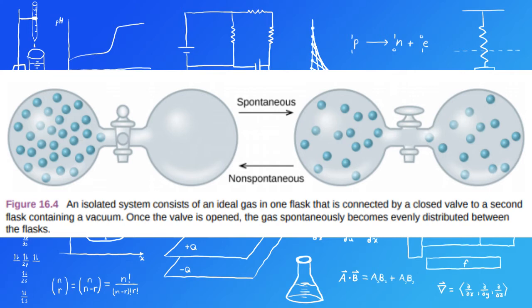The most probable arrangement is the one in which it's 50-50 or nearly 50-50. There's just way more of those 50-50 type configurations than there are of those 100-0 configurations.